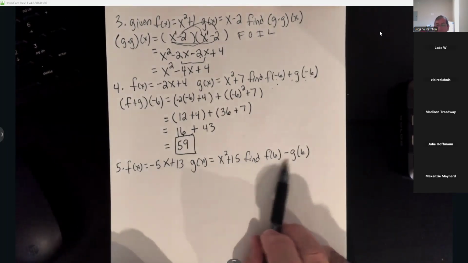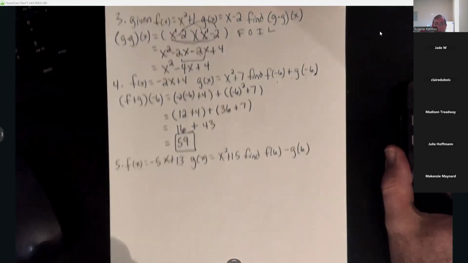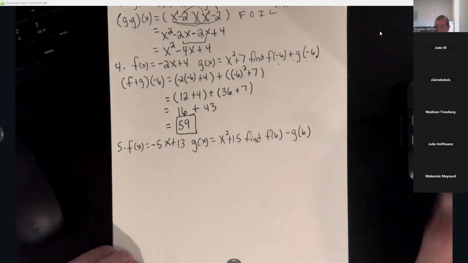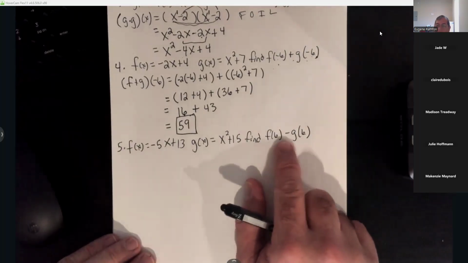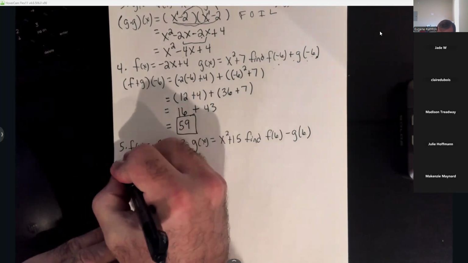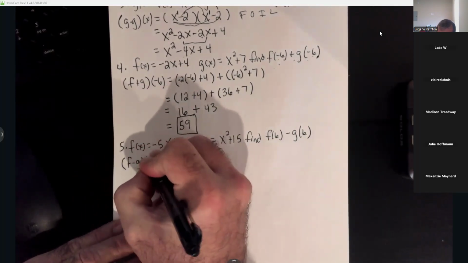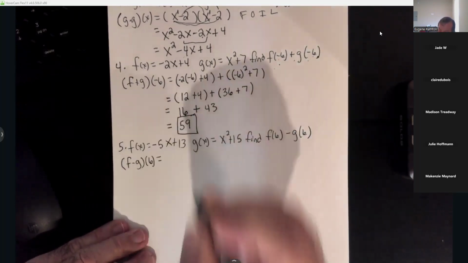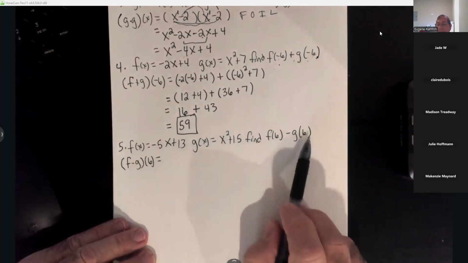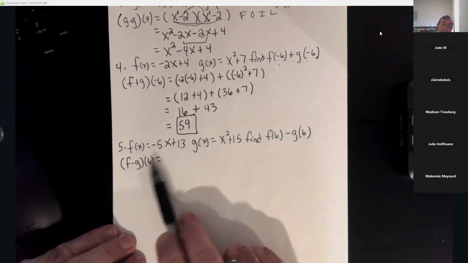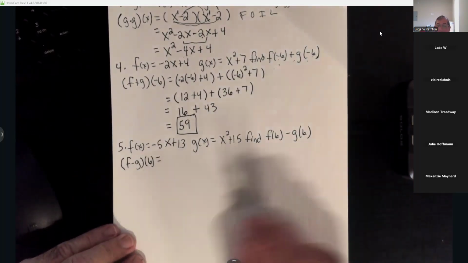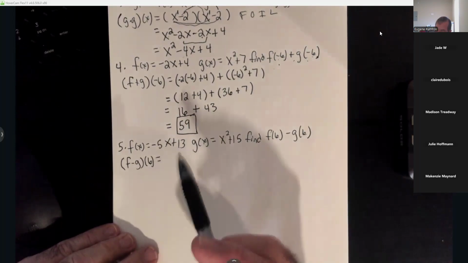So they want us to do a little subtraction here, okay? So remember, since they both have the same number being put in, I can technically write that as the f minus g of 6. Now, if they was giving me different numbers for those, then I couldn't do this shorthand. But I can since they both are having a 6 on them, okay?